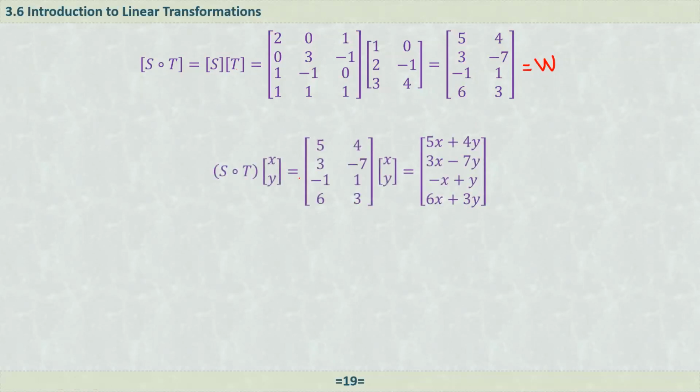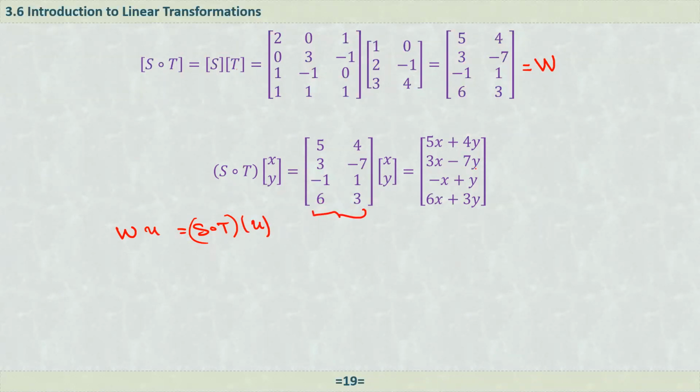So now if you're given this, what do we have here? We're just taking this vector U, that is, say that transformation, and it's W. So here we have S composed of T, it is U, which is just equal to this matrix W times our vector.